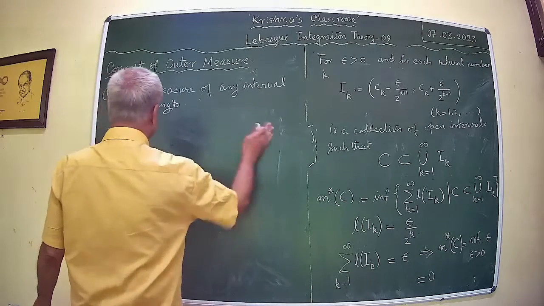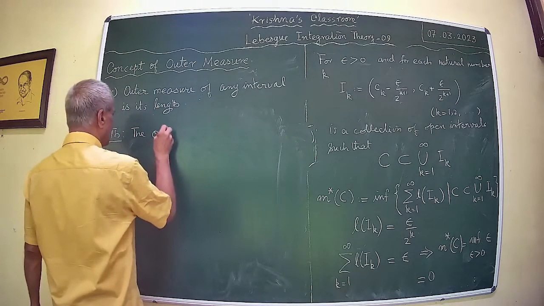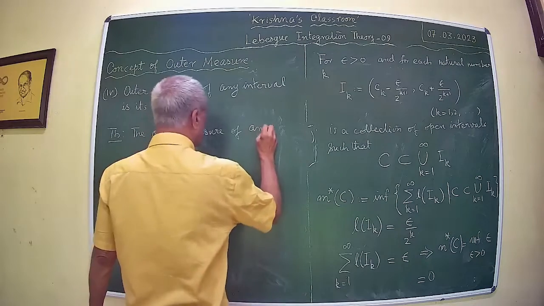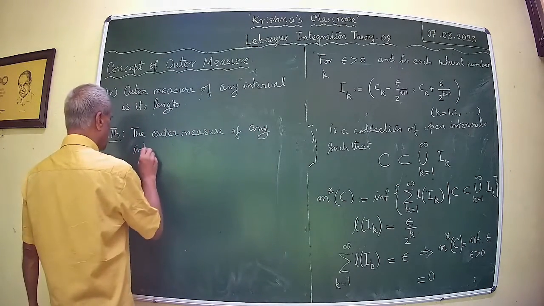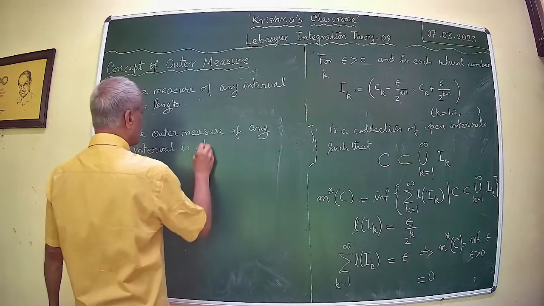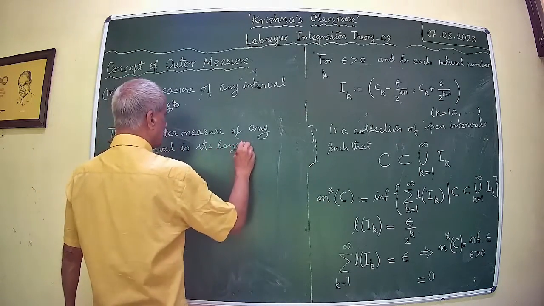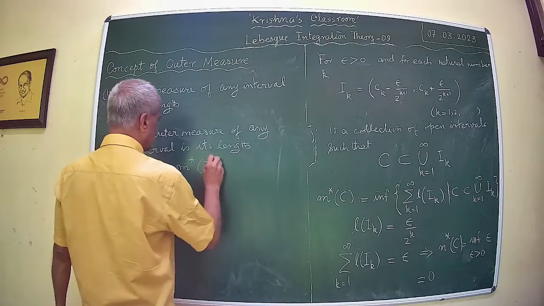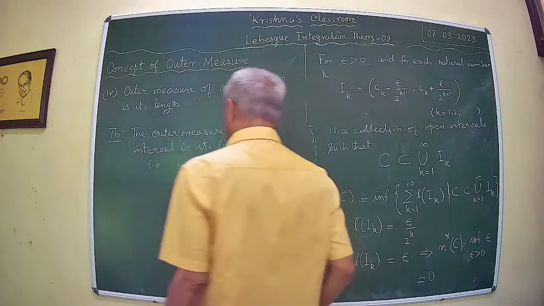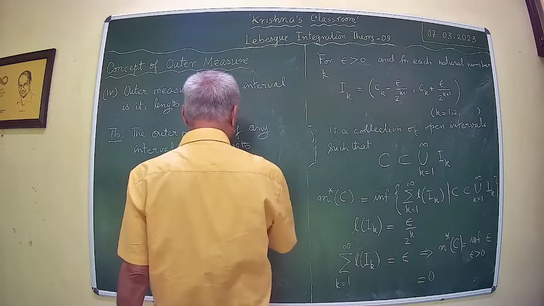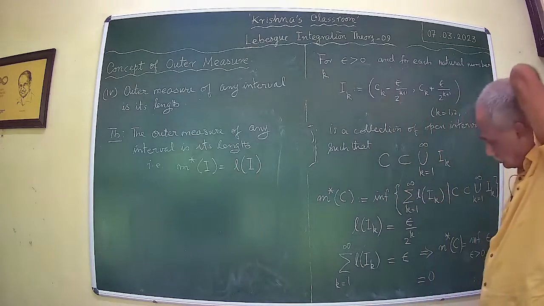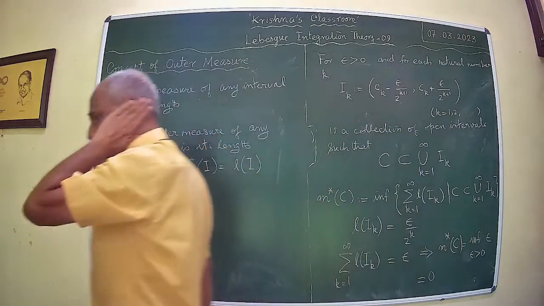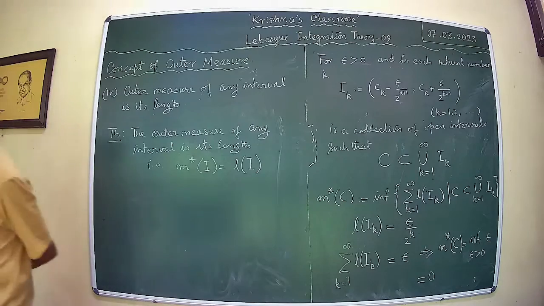So we state it as a theorem. We have already defined what the length of I is, and we defined what m star of any set is.